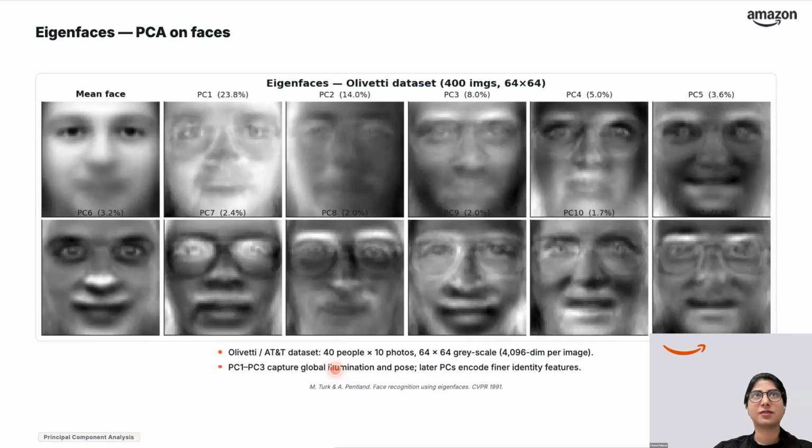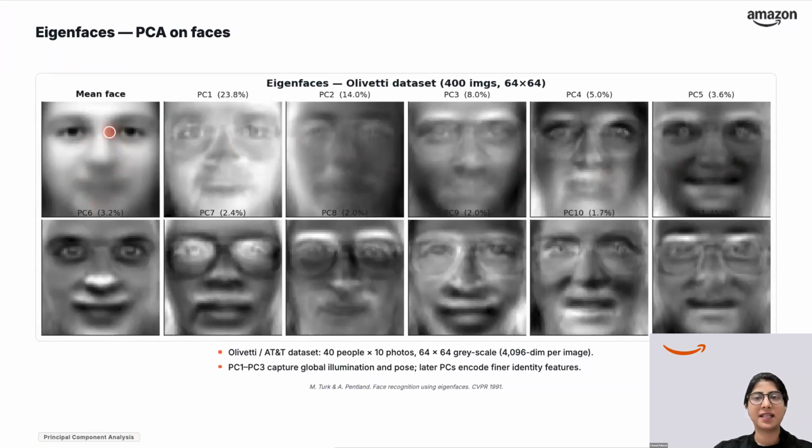So this is like a 4,000 cross 40 matrix that we are talking about. On this matrix, if we run PCA on the centered images and select the top principal components, that is what we call eigenfaces. And it captures the directions along which the face varies.